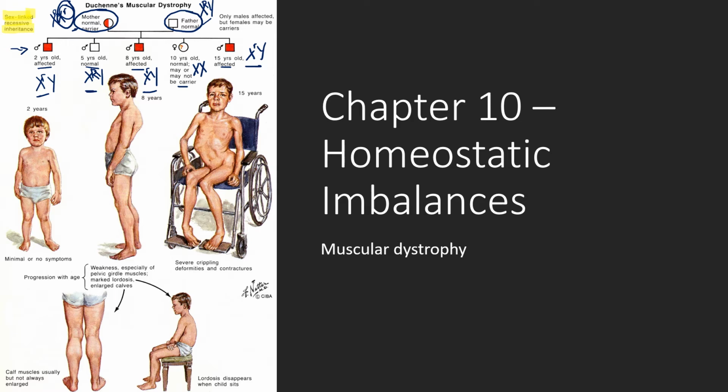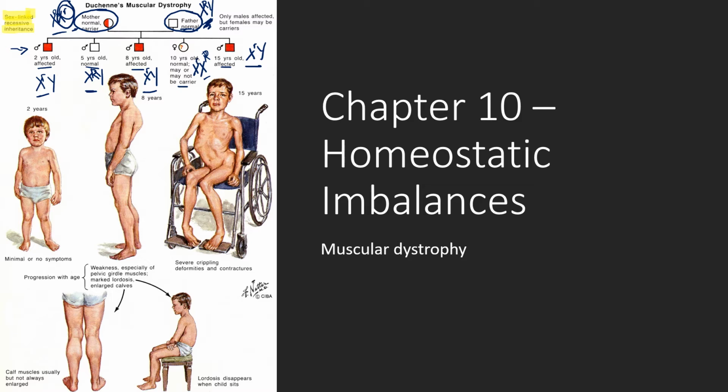Now, the daughter in this case is always going to have one regular non-mutated X chromosome because she's going to get that from her father here. So the one X chromosome is always going to come from her father and is always going to be a non-mutated gene, as you can see here, because he doesn't have that mutated gene at all. Now, the other one from her mother could be the regular non-mutated, or it could be the mutated gene.